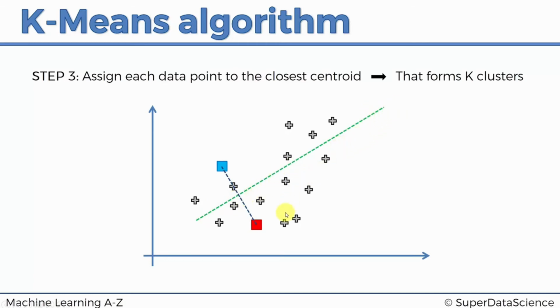From high school geometry, it's a very straightforward concept that any point on this green line is equidistant from the blue and the red. If I take this point, it will be the same distance to the blue centroid and to the red centroid. If I take this point, it'll be the same distance to blue and the red. So this whole line is equidistant to the blue and the red, and that's how we constructed it.